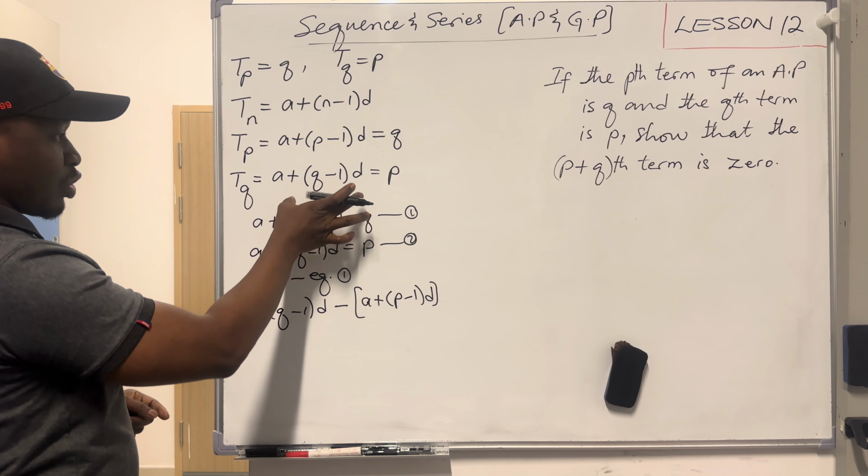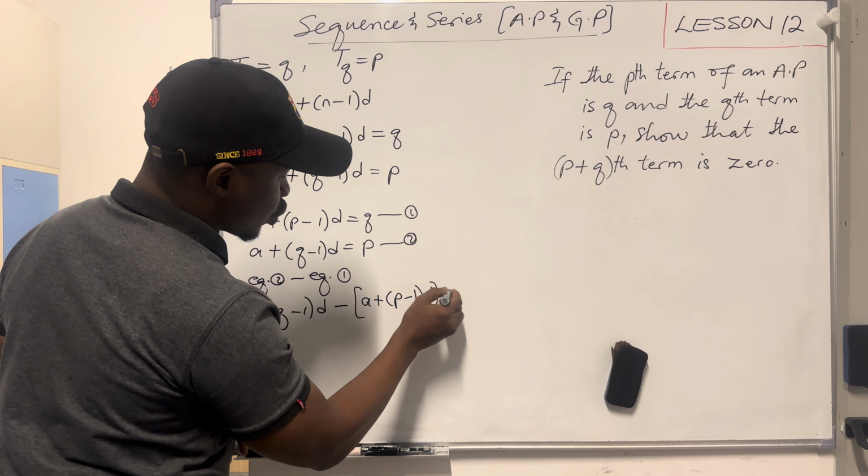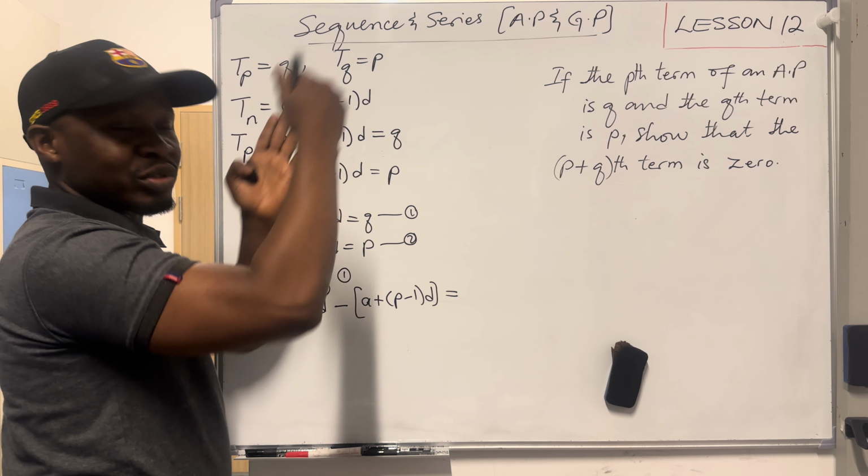Equation 2 minus equation 1. We are done with the left minus the left. Let us go to the right minus the right, because they are equal.